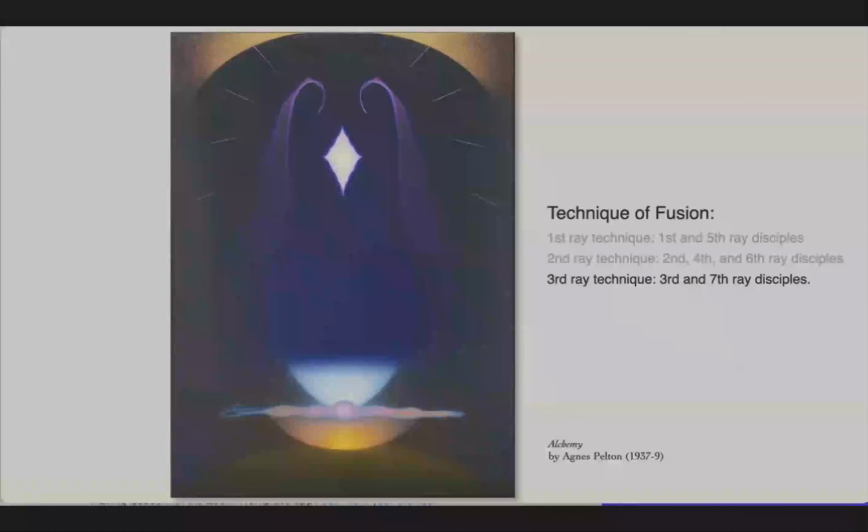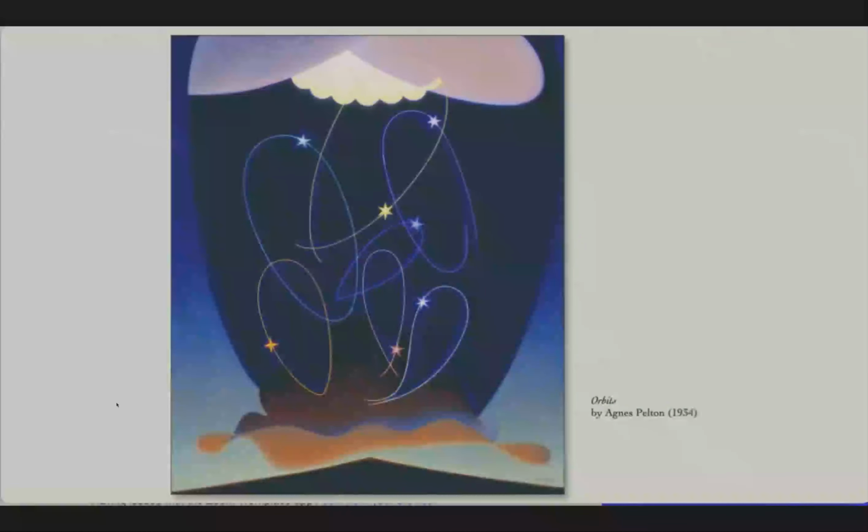to the side. We're told that in order to prepare ourselves for this technique and the direct soul contact that it involves, all disciples, this is interesting, take on a third-ray personality for a number of lives prior to the first initiation, at which time this technique begins to be utilized.